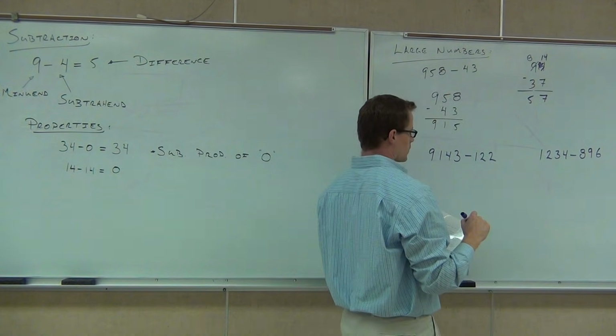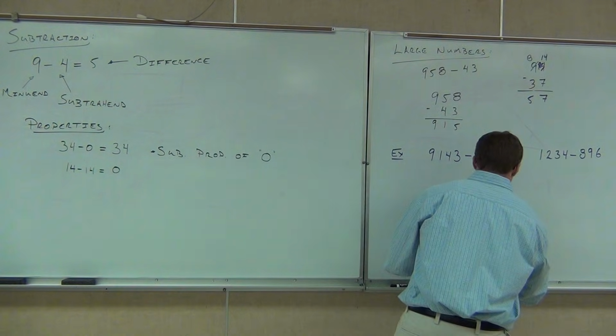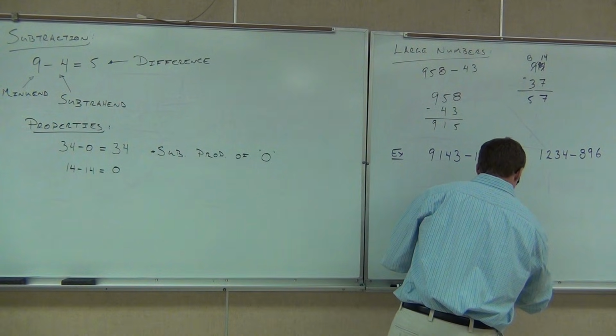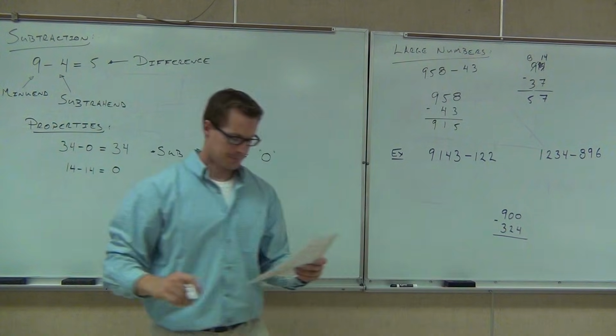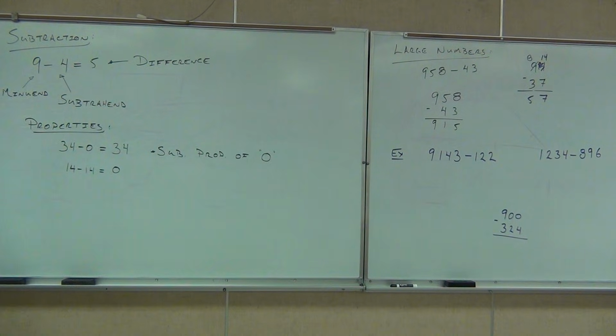Oh, you know what a good one for us? We'll do this one down here. So set them up like you know how to do, and then subtract place value by place value. If you have to carry, or sorry, if you have to borrow, then borrow appropriately.